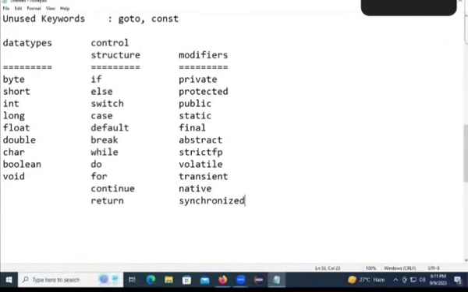We are going to see these in modifiers when we start with object-oriented programming, the OOPs concepts.